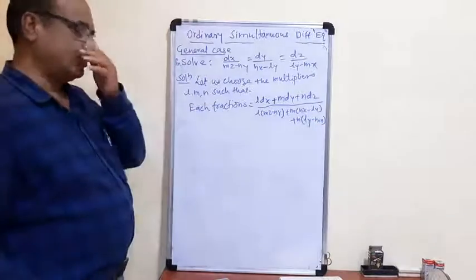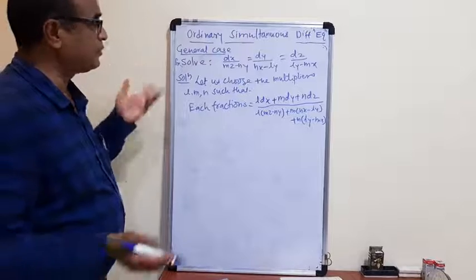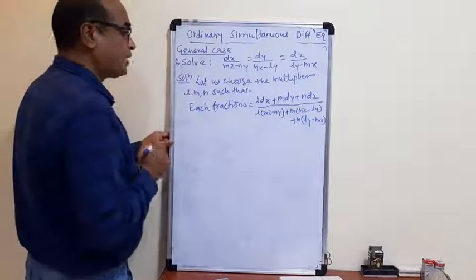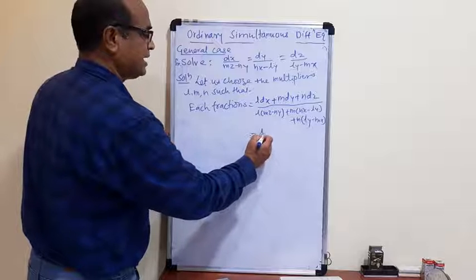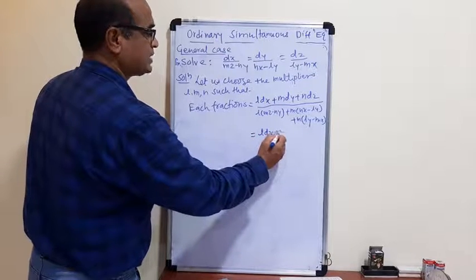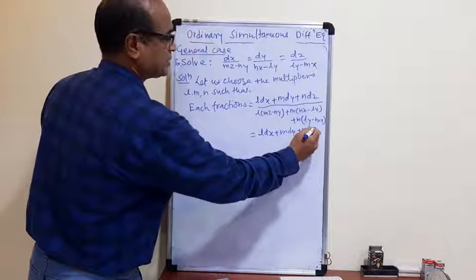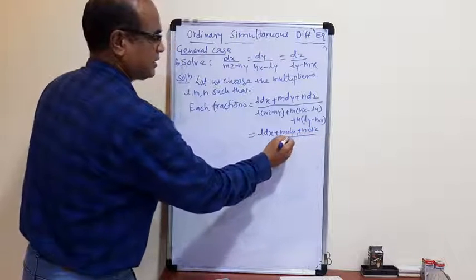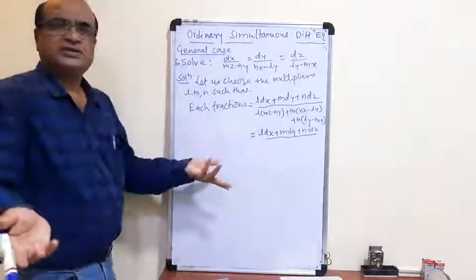Multiplying the numerator and denominator of the fractions and adding them, we get this. So this is L dx plus M dy plus N dz divided by what? This is equal to 0 here.